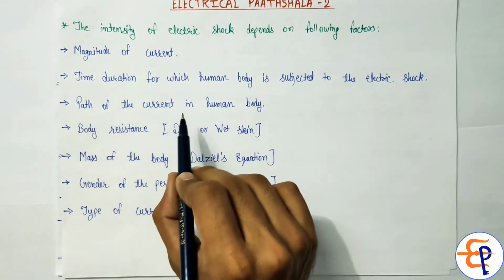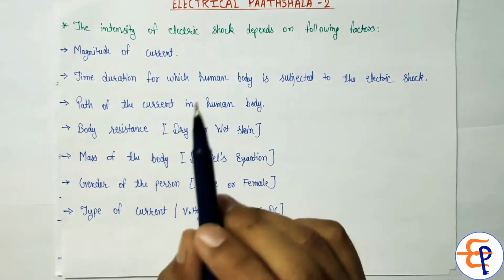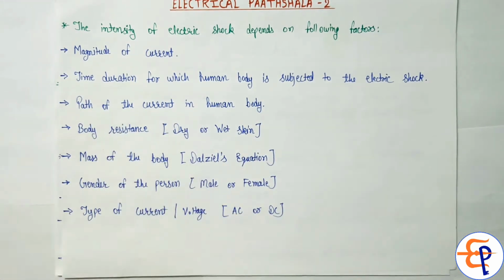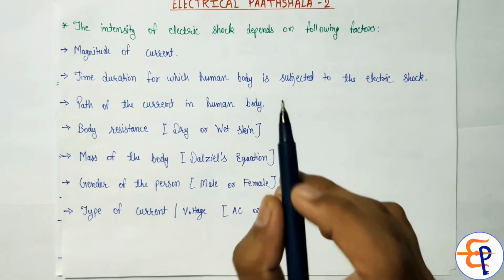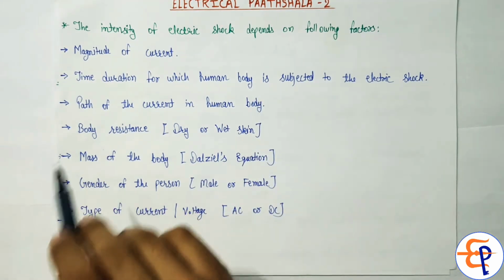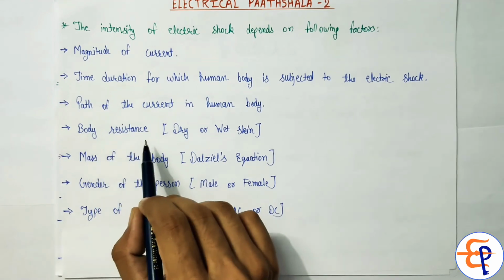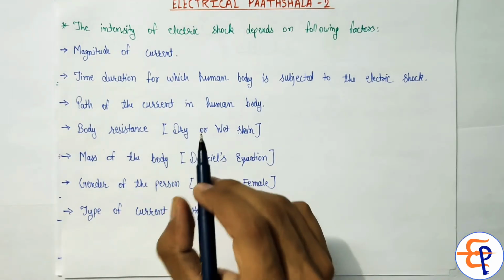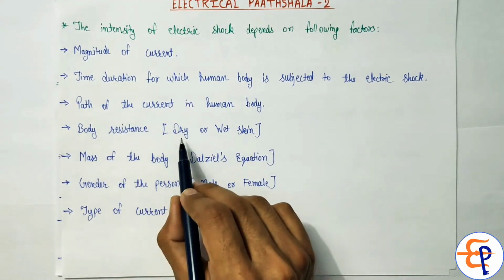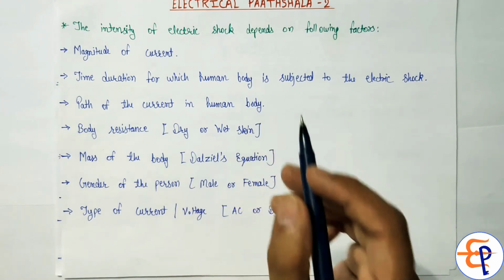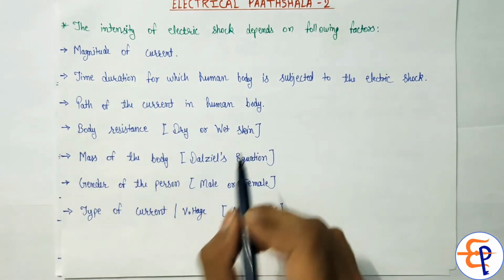Next is the path of the current in the human body. Yes guys, the electric shock intensity also depends on the path of the current through your body. Now the next factor is body resistance, and when we talk about body resistance, the condition of the skin is very important. Whether the skin is dry or wet, the electric shock intensity depends on that also.